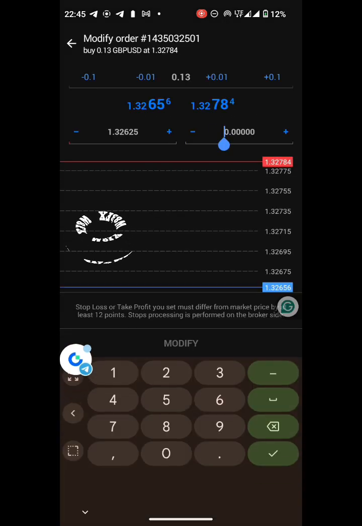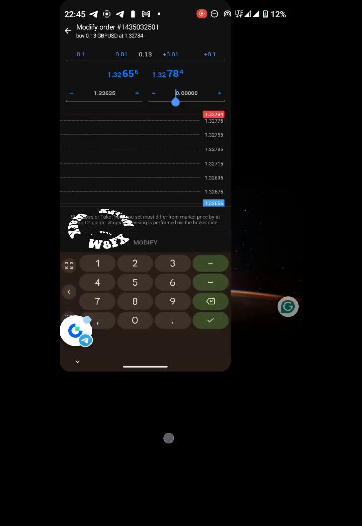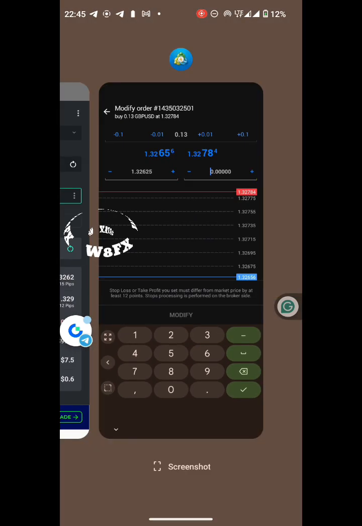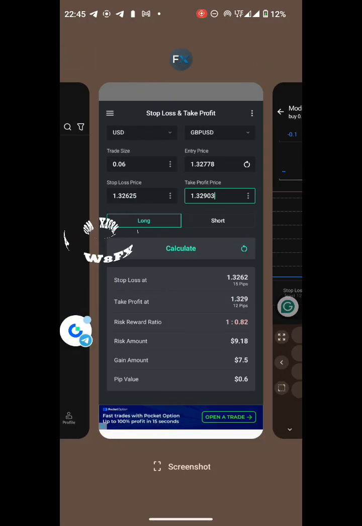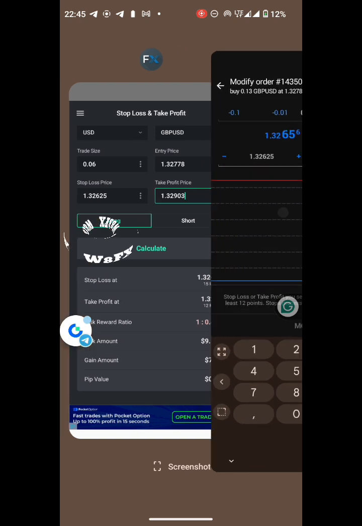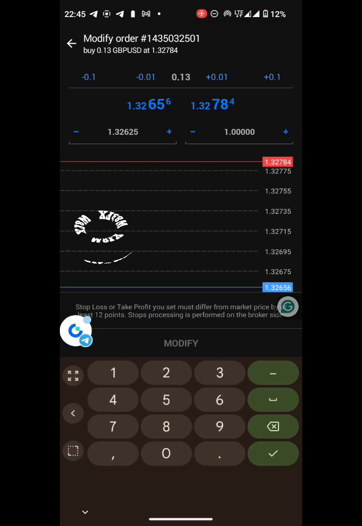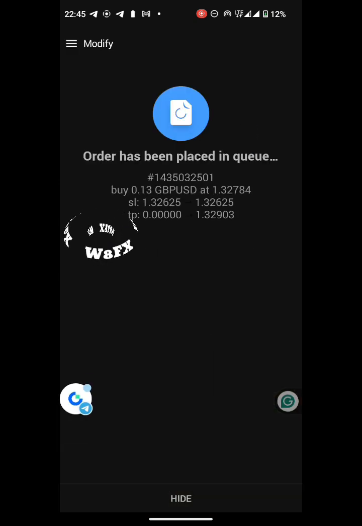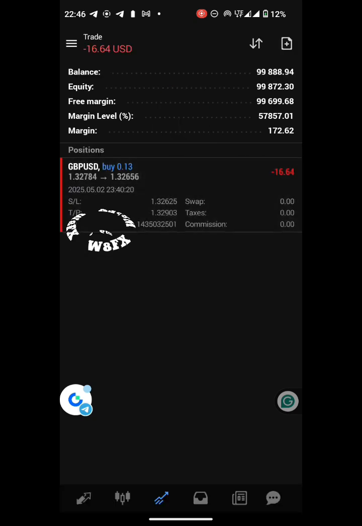So you have to remember to put it as well, so that automatically once the price hits our TP price, it will close the profit. 1.32903. So, done. We don't have to worry about the TP1.